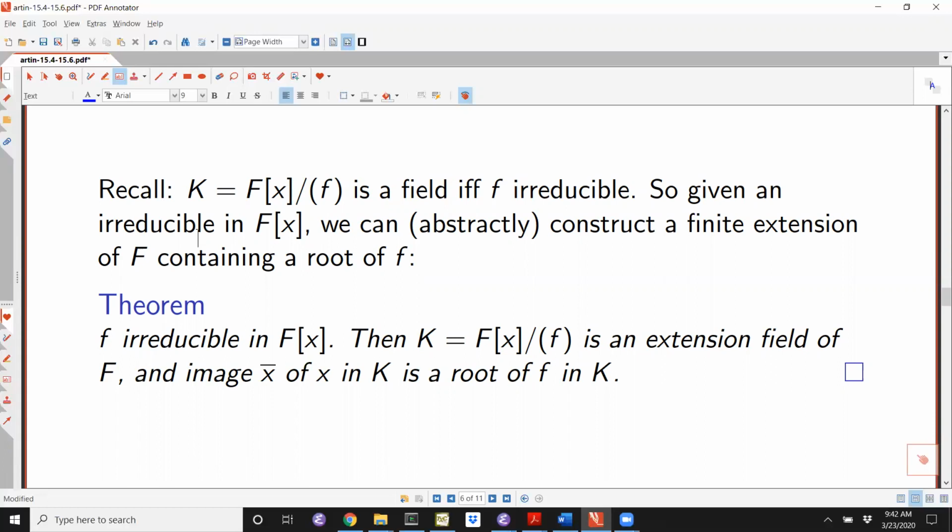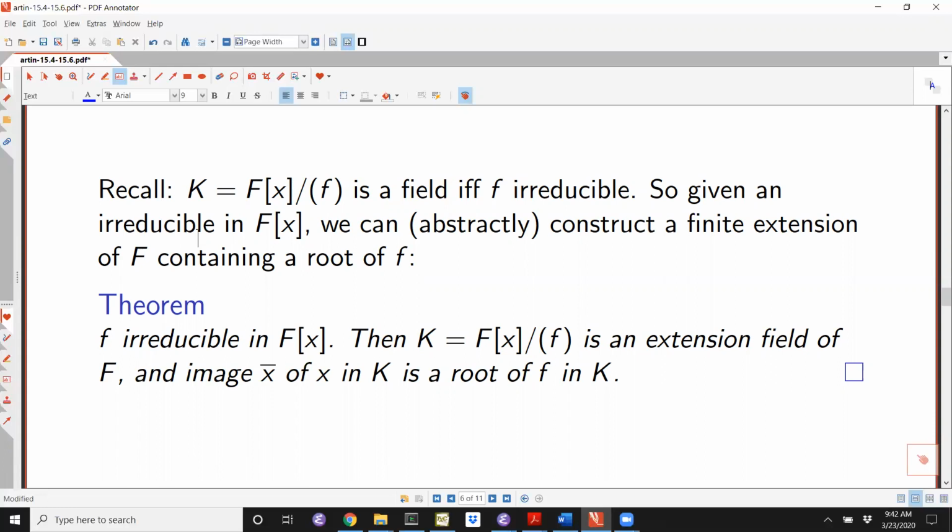This is meant to be reviewed, so let me remind you. Recall that if you take F[x] and mod out by a single polynomial f, then you get a field exactly when f is irreducible.